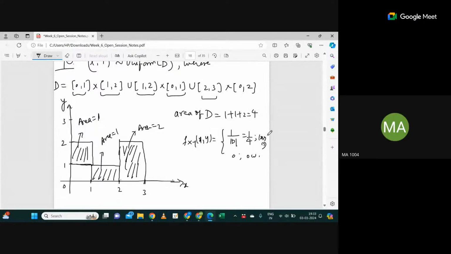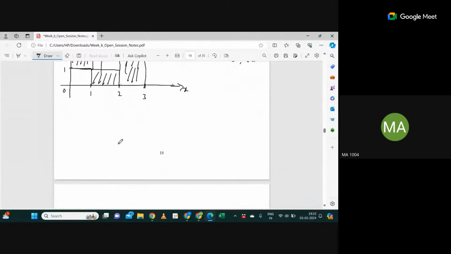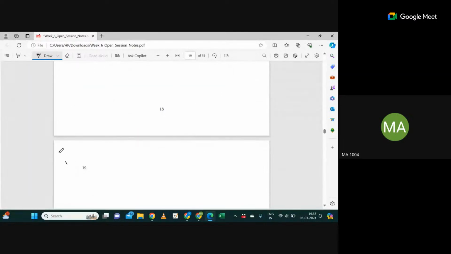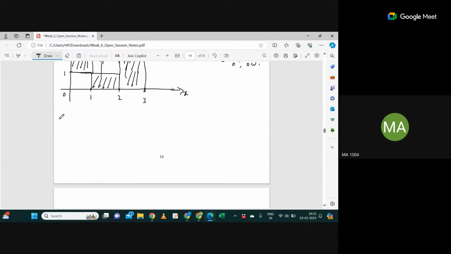Now, suppose I ask what is the marginal density of X? To calculate the marginal density of X, how will you find it?